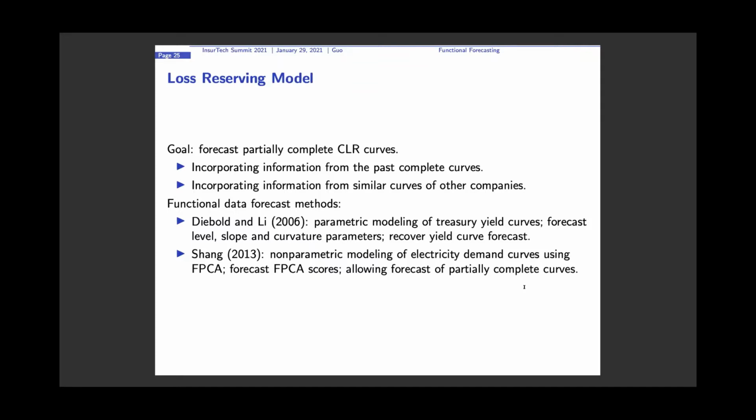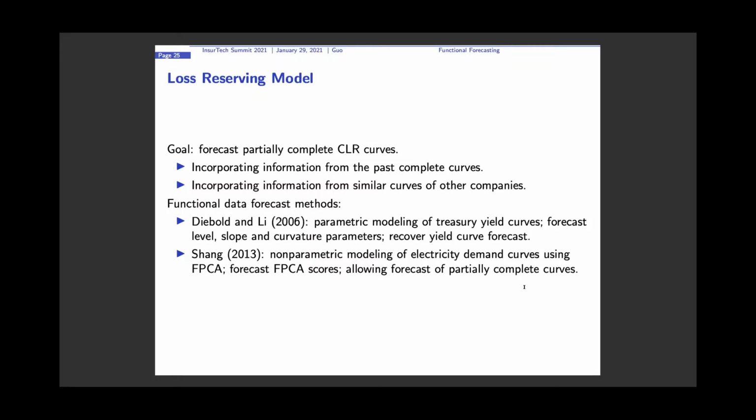Now our thought and idea is closely related to a few functional data forecast methods. Here are 2 of them. One is in the econometric field, by a paper of Diebold and Li, 2006, and the other one is by Hyndman and Shang, published in 2013. They both study functional data and try to forecast them in the future. Li deals with the treasury yield curves.